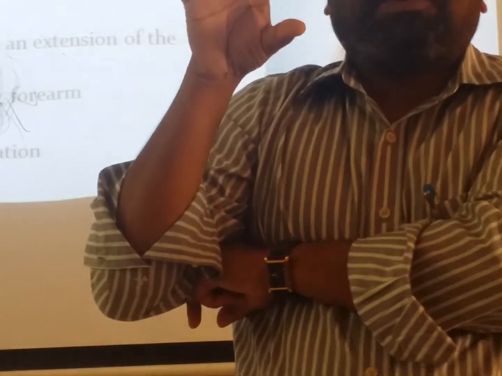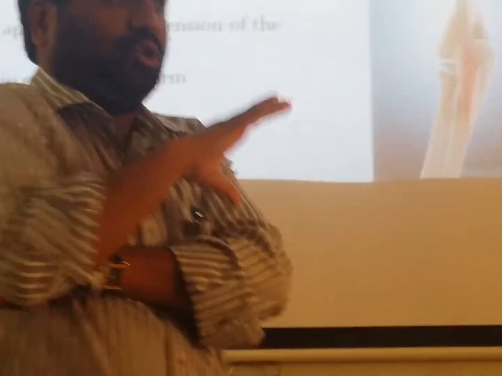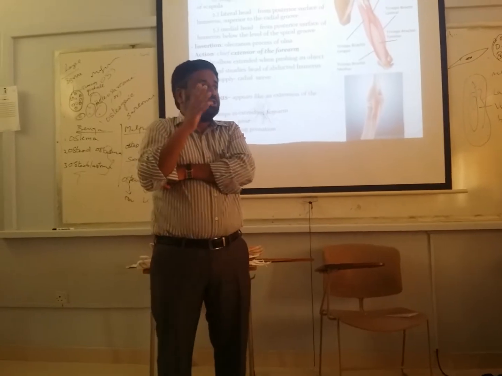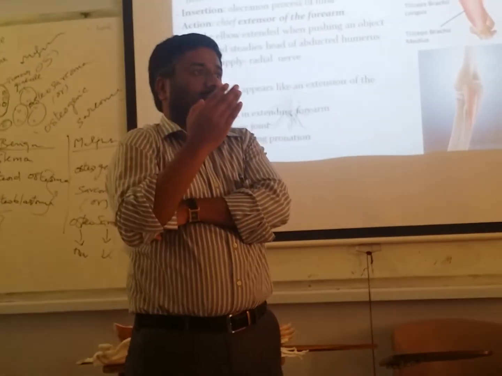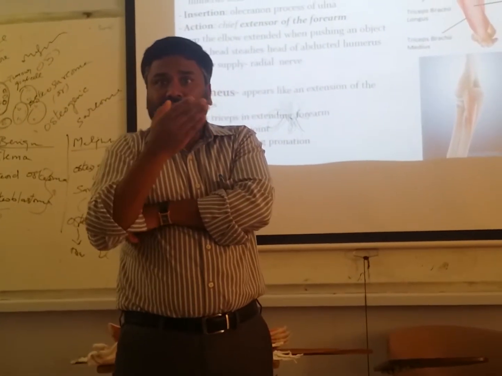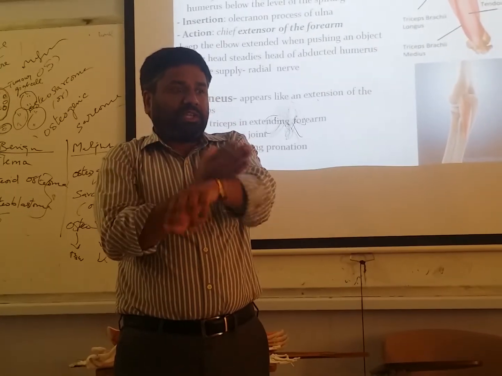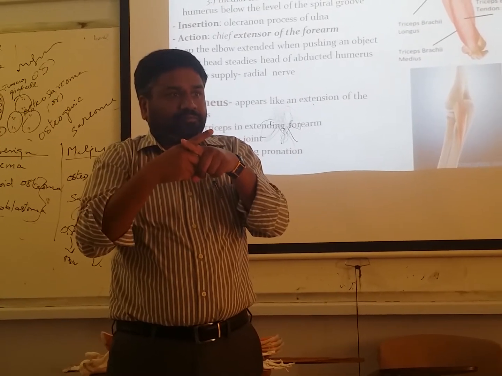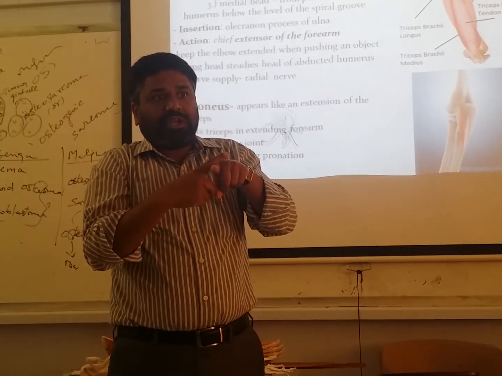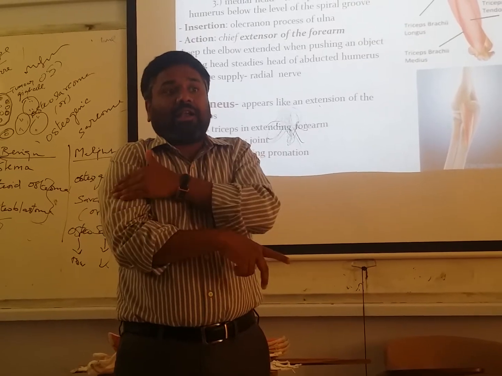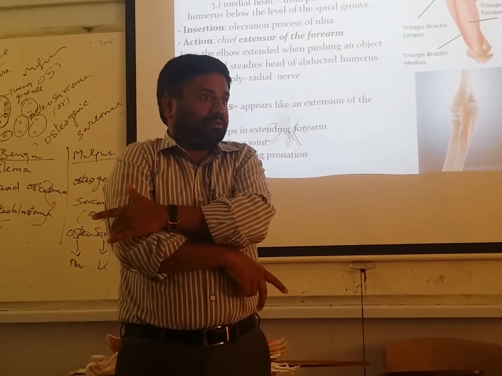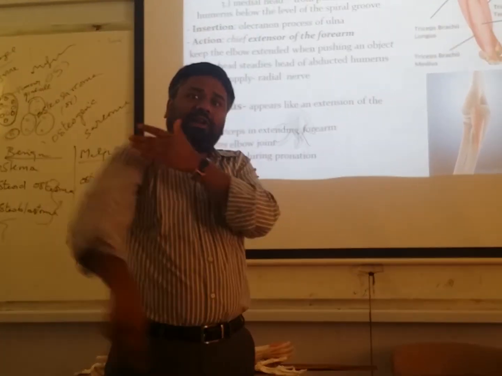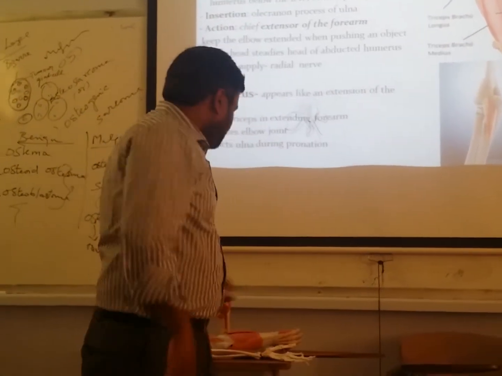Why I am telling this point is, as I told you in the humerus lab, the radial nerve is usually injured whenever there is fracture of the shaft of the humerus. So when the shaft of the humerus is fractured, as the nerve is there in the spiral groove, the radial nerve is injured, giving rise to paralysis of the lateral head, but not the long head and medial head, because they get their nerve supply when the radial nerve is in the axilla. Did you understand this point?